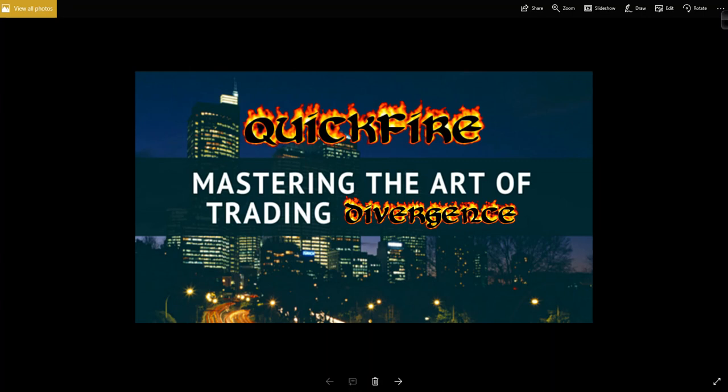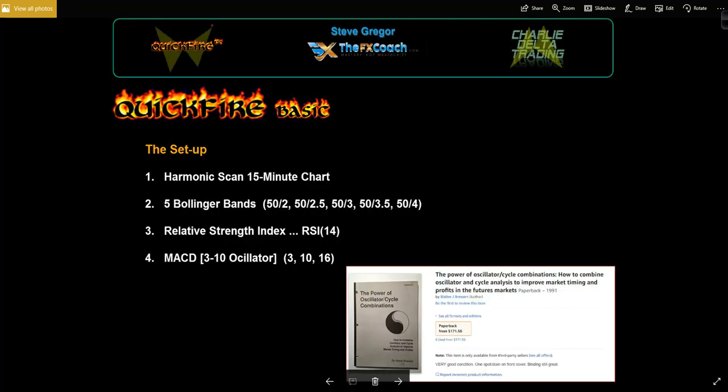And so some of this comes as a result of some questions that I've been seeing flying around in the group regarding divergence in terms of QuickFire. Okay, so we know in the QuickFire setup, discussed in the training video the other day, and what you've maybe seen from QuickFire elsewhere, what I described as QuickFire Basic is requiring a harmonic scan and then 5 Bollinger Bands, and I specify which ones, relative strength, and I specify which one, and a MACD, which we referred to as the 310 oscillator.